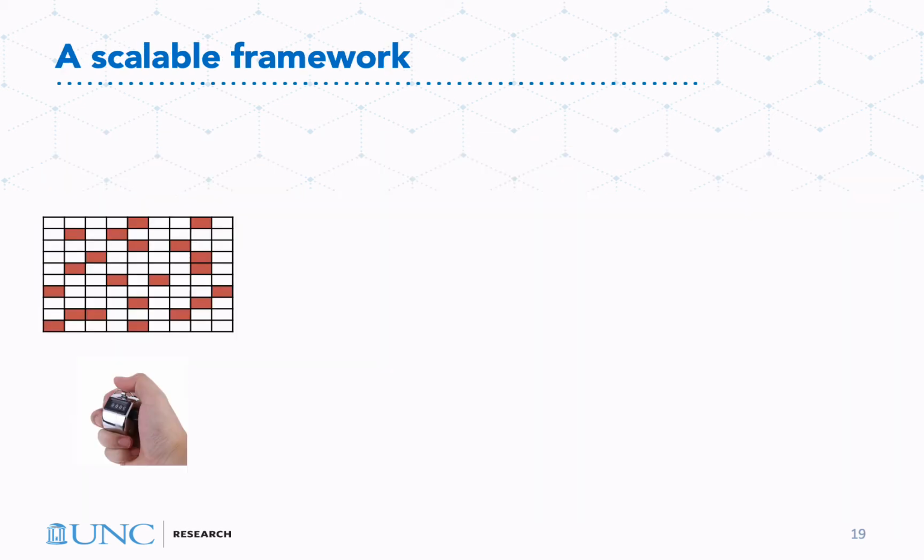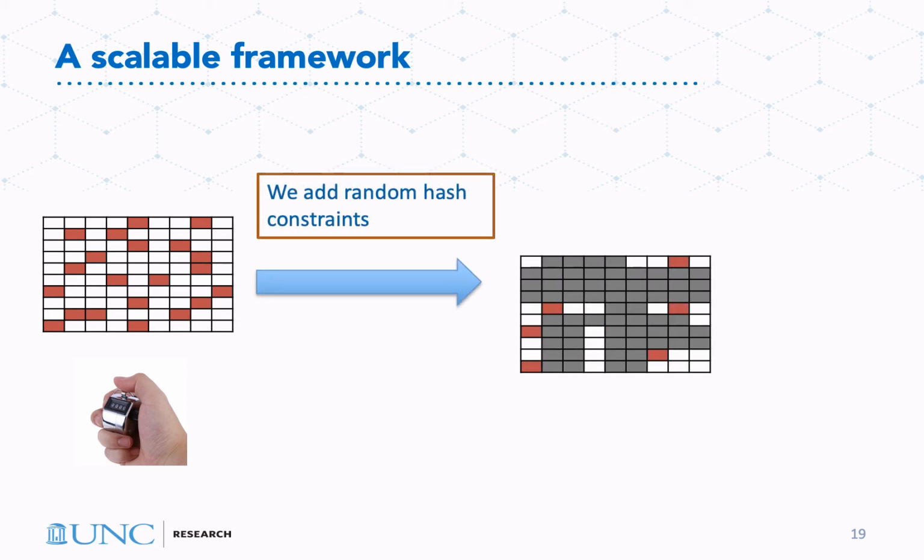The foundation of the tool is counting and sampling, as we need to count attacker's views for measurement calculation and sample input pairs for the interpretation. To make the counting and sampling scalable, we use hash-based approximation. Specifically, we apply random hash constraints on the counting and sampling target variables.